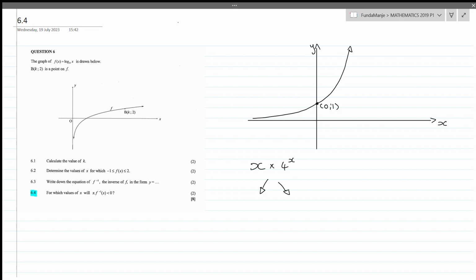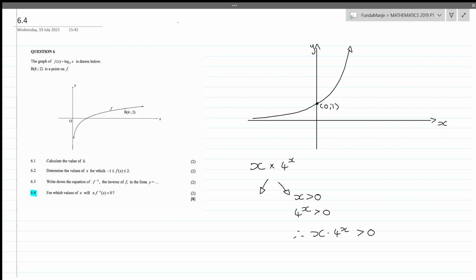If x is positive, then x is positive and 4 to the power of x is always positive. Therefore, x times 4 to the power of x will be positive.